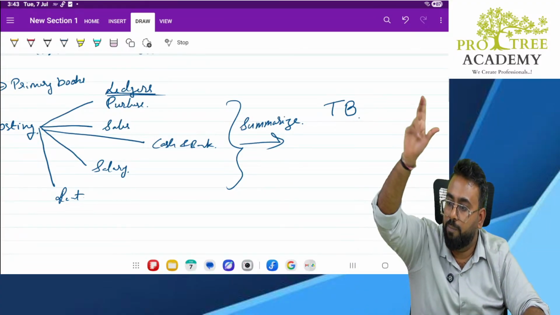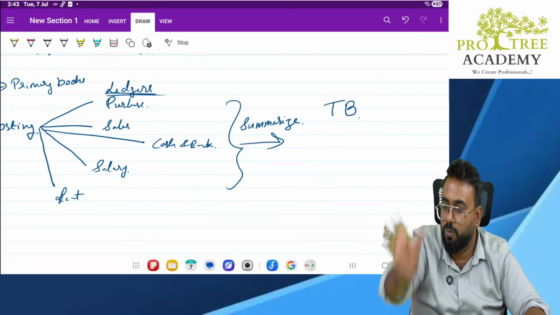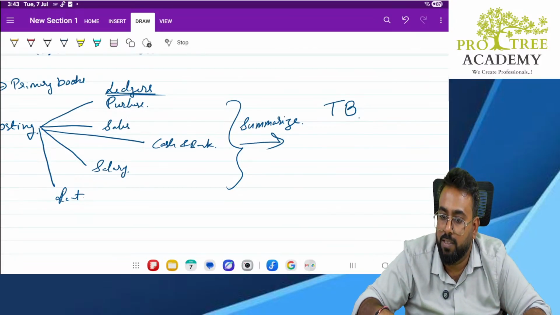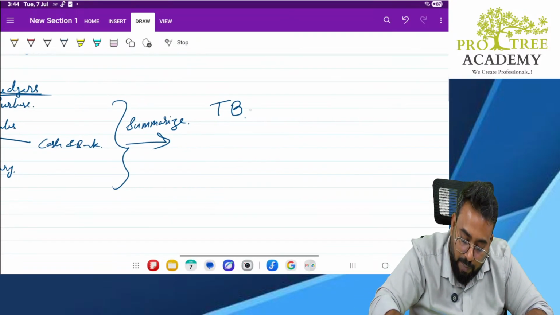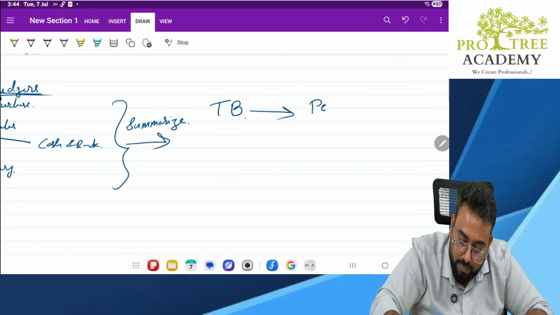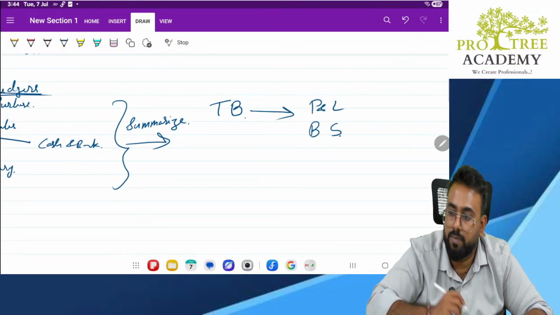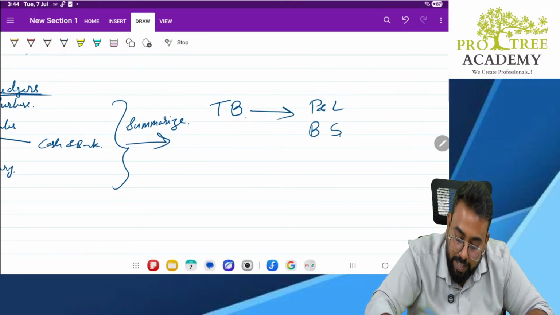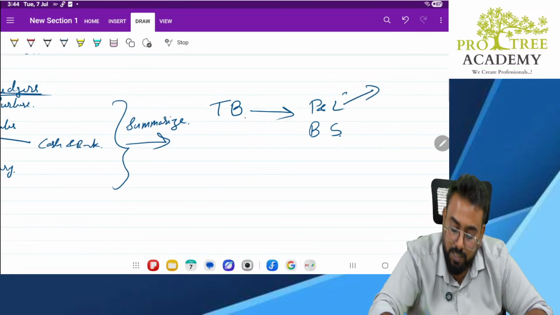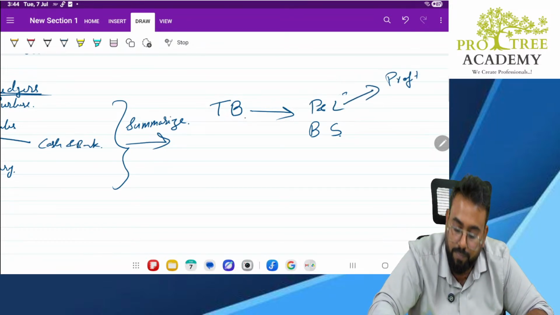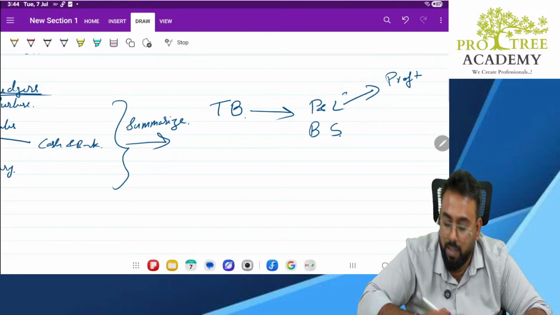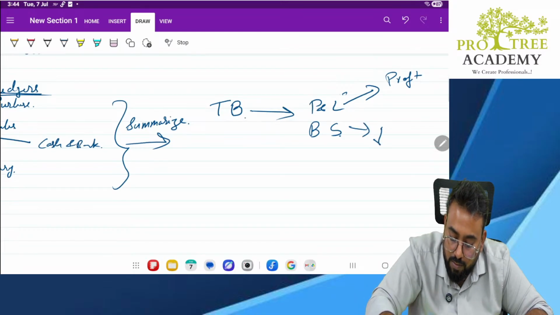You remember your pocket money? All put in one page. That is trial balance. From that trial balance, I prepare here. You can understand what is profit. Here you can understand what is position.